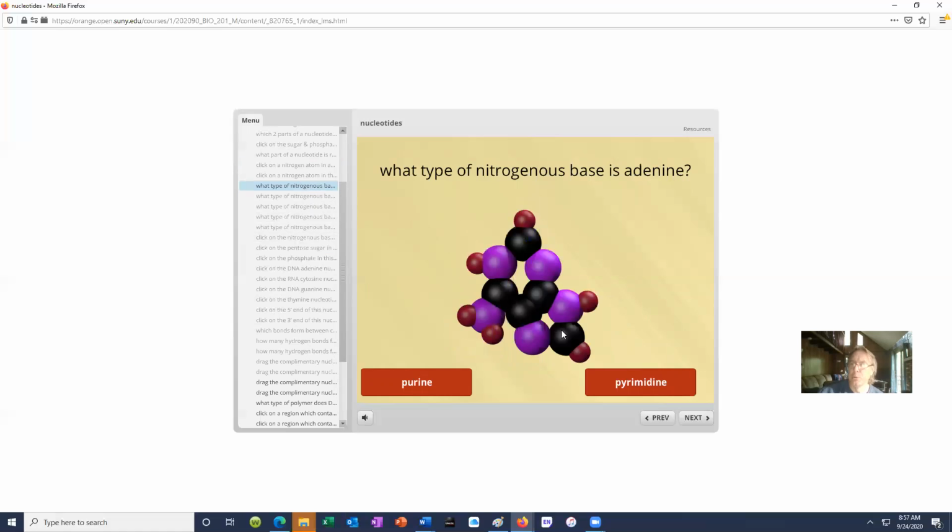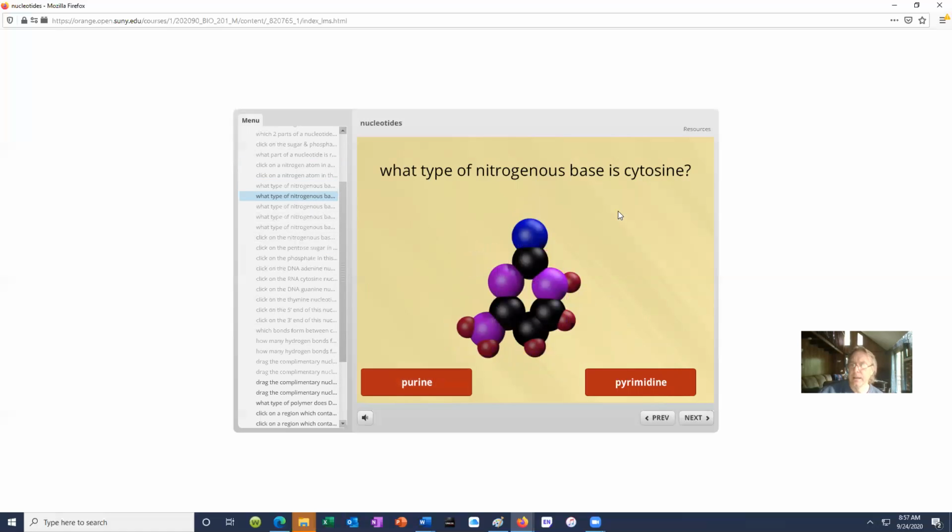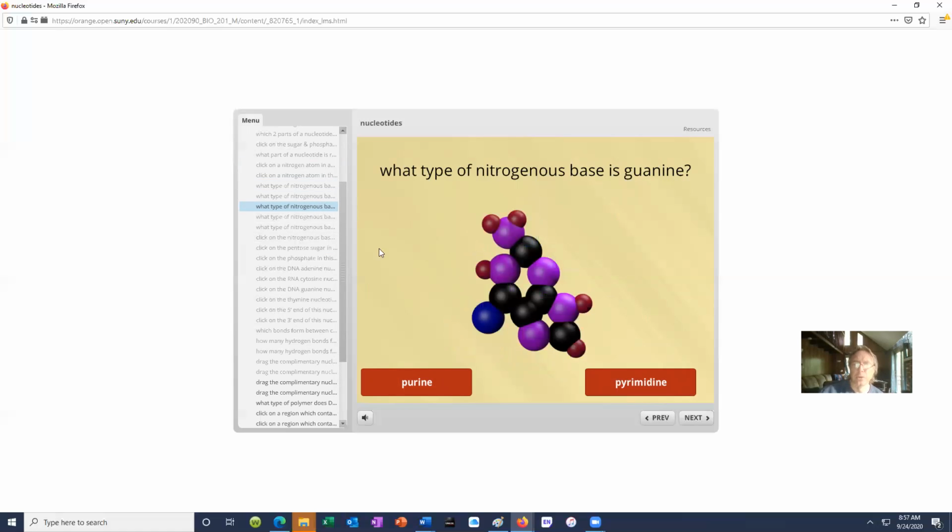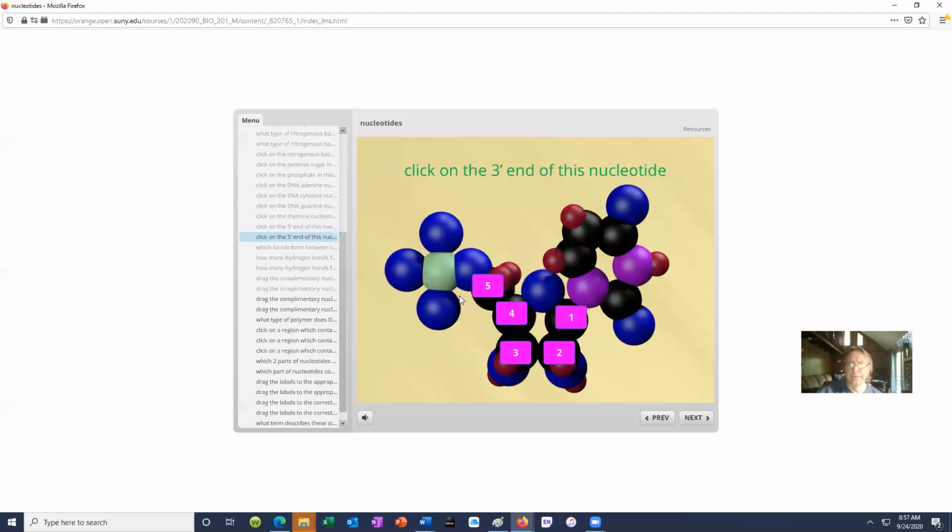Once again, those nitrogenous bases come in 2 forms. If there is a double ring, like adenine and guanine, then we call it a purine. While if there is a single ring, like cytosine, thymine, and the uracil we find in RNA, it's what's called a pyrimidine. So in those pairs, we find a purine binds to a pyrimidine.